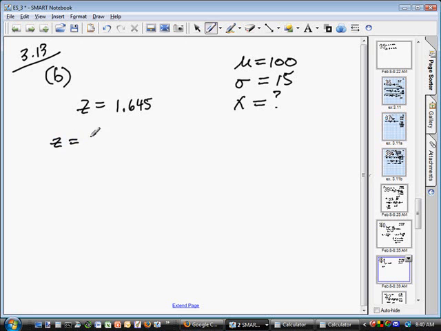So now, same problem as before. Use your standard score formula. Plug in what you know. We know z. We don't know x. We do know mu. We do know sigma. So now we've got to do some algebra. Multiply both sides by 15. So I'll pull out my calculator for this.